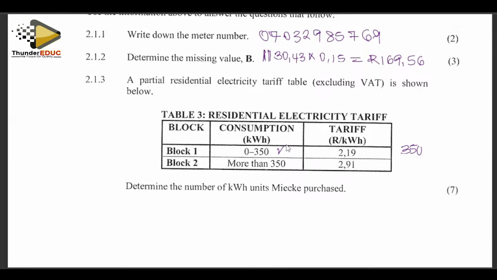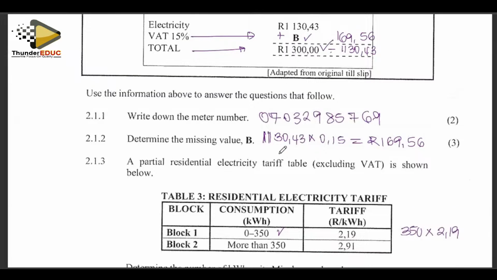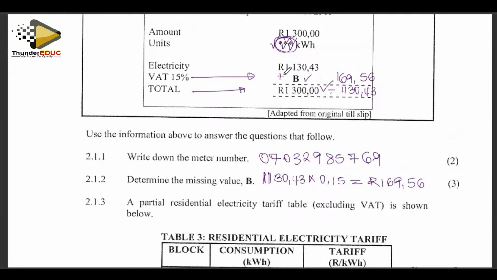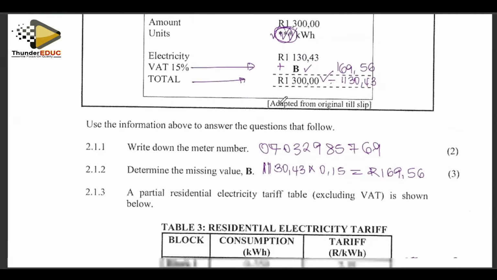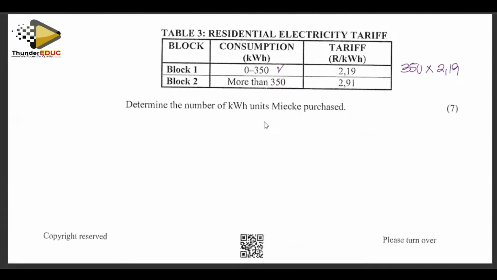You pay 2.19 cents. Remember, the person paid 1,130 before VAT, because the costs here exclude VAT.